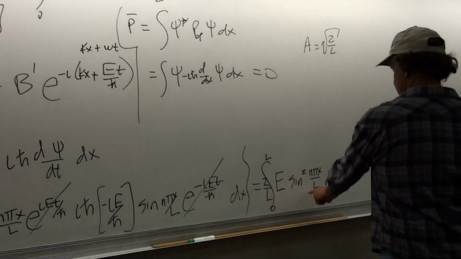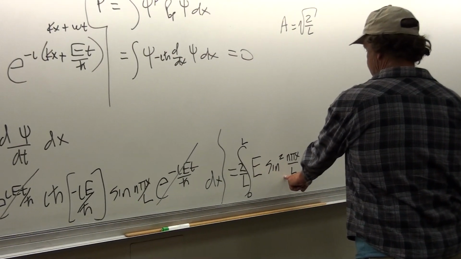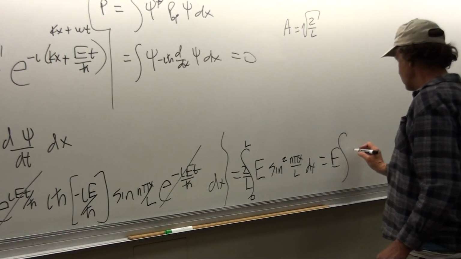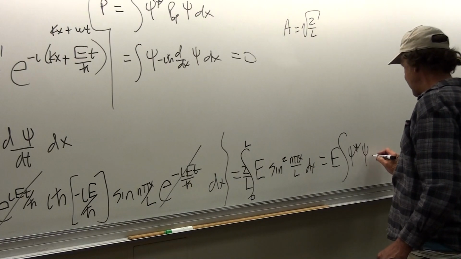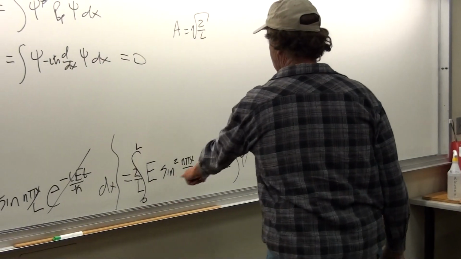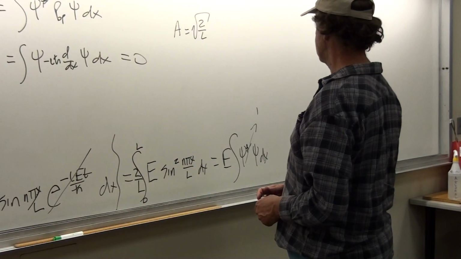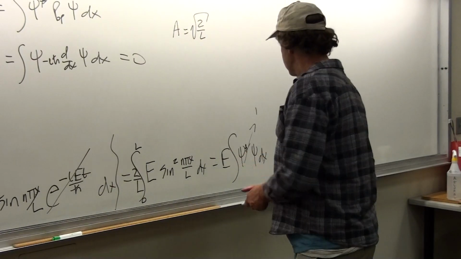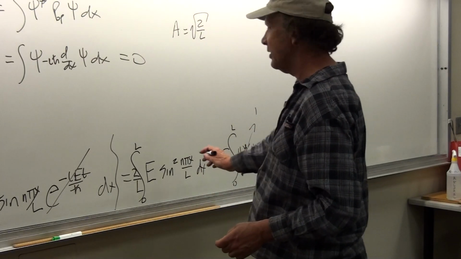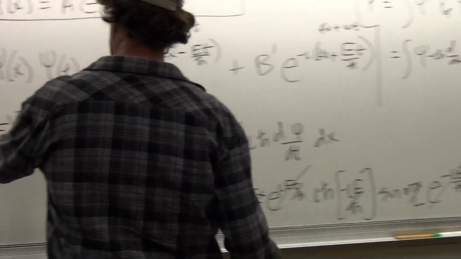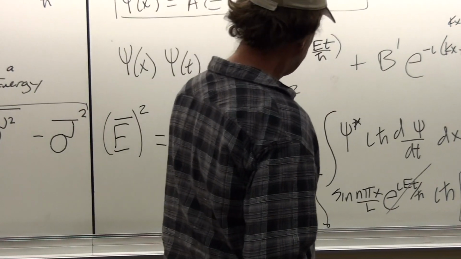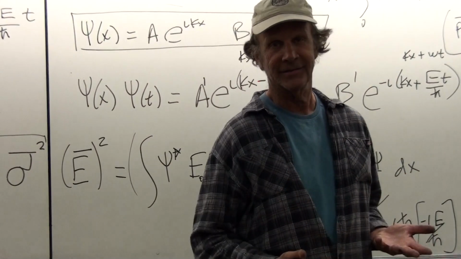So then this is just going to give us L over 2, or this is just the same thing as E times the integral of psi star psi dx, which is just 1, because we know that the integral of this over all space is just 1. We're integrating from 0 to L, and the particle has to be somewhere in the box. So in other words, when we take the average value of E, what we're getting is just E, because that's all it is.